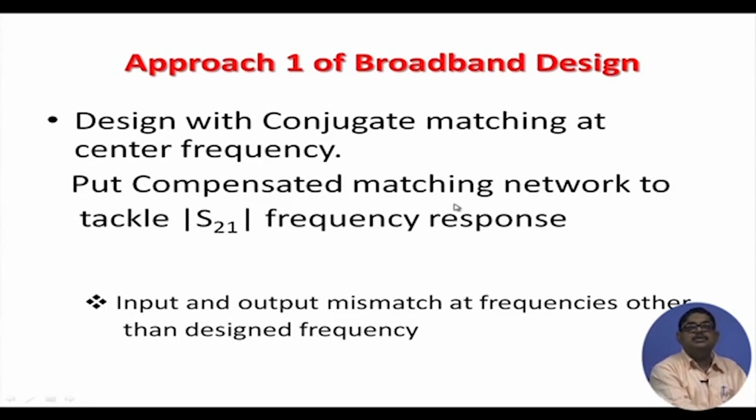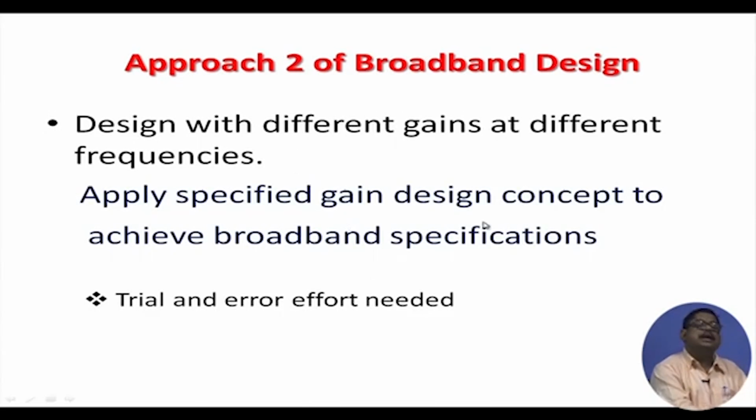You have a matching network which will compensate for that change in S21. But obviously, due to this matching network, an input and output mismatch will come at frequencies other than the design frequency, and you will lose some power in the mismatch. So, this is one of the designs. By knowing conjugate matching and impedance matching, you can attempt this. People many times do this, but let us see another approach.